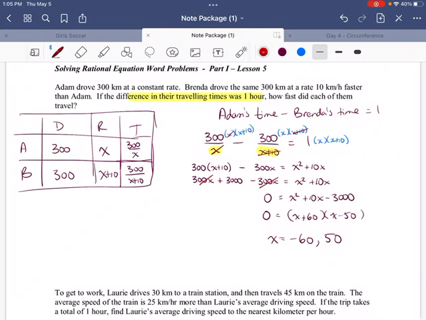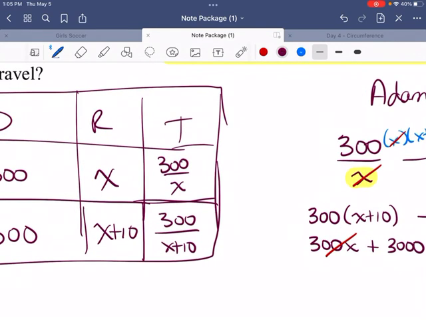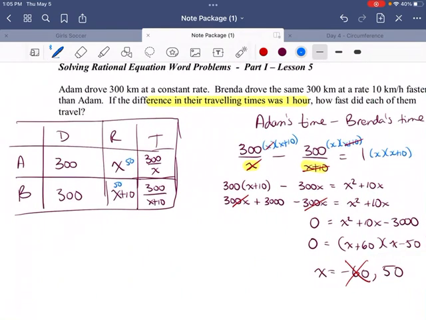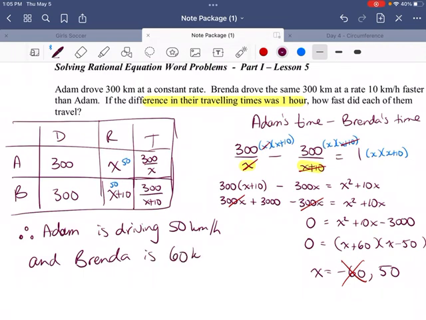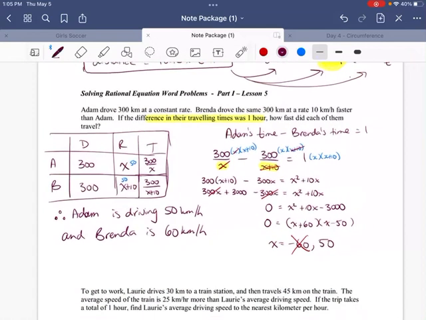Adam must be driving 50 kilometers an hour, and Brenda is driving 50 plus 10. Now obviously pause the video if you need to go over any of that, but I'm going to move on.